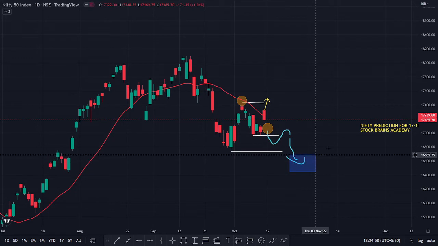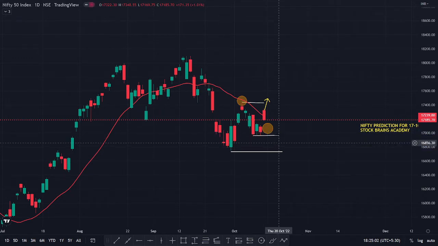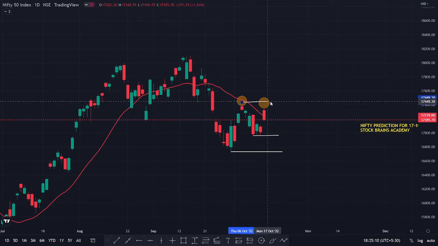Now let us check about gap up. Now what if Nifty opens on a gap up? For example, let me say that Nifty opened somewhere around here, in between this support and resistance zone.